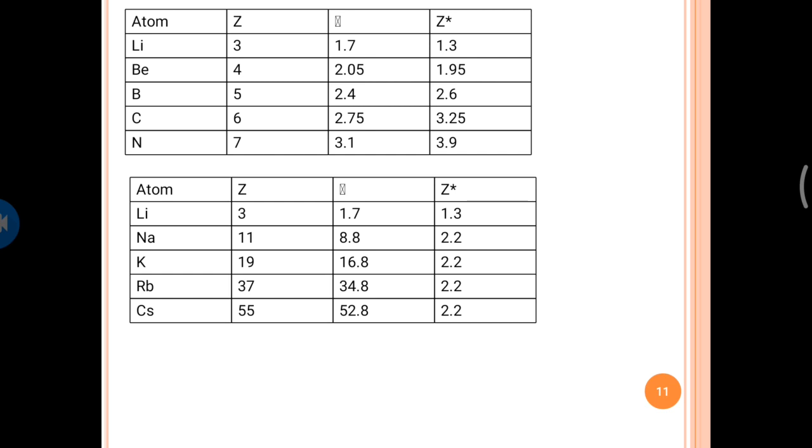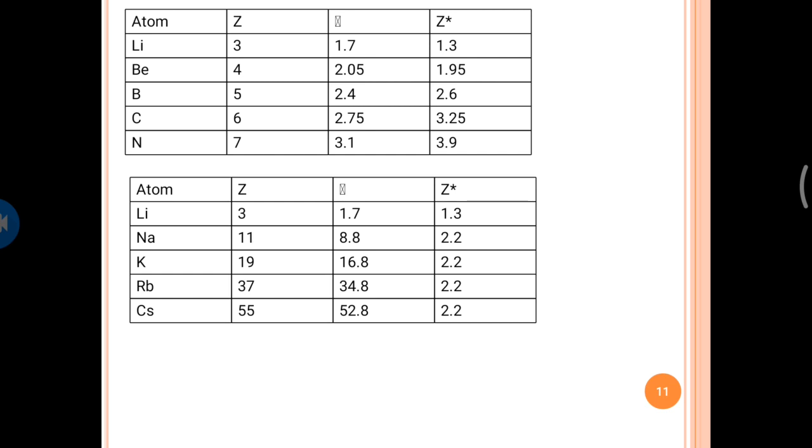What about lithium? The atomic number of lithium is 3, so Z is 3, and sigma, its screening constant, is 1.7. Then the effective nuclear charge Z star is equal to Z minus sigma, 3 minus 1.7 is equal to 1.3.